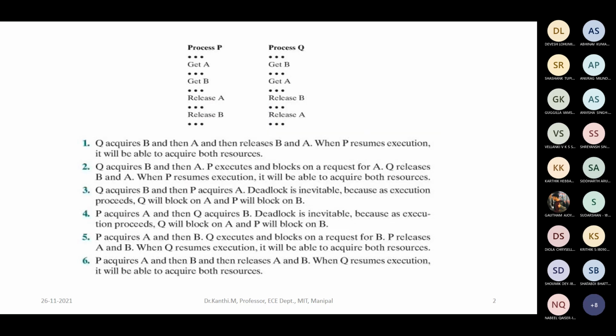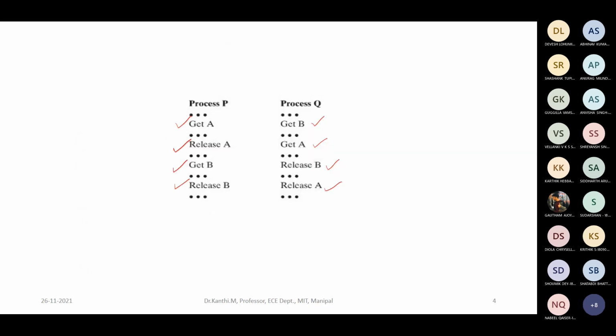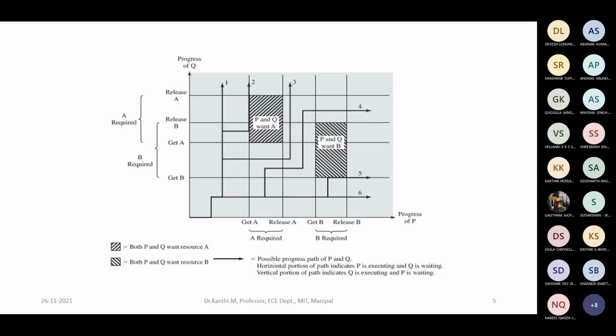Maybe this is not the same as before, where we had get A, get B, release A, release B, get B, get A, release B, release A. But here maybe you first get it, release it, get the second resource, release it. So this is how we can draw the diagram, the progress of the instruction sequence for processes P and Q. The same sequence is shown here.